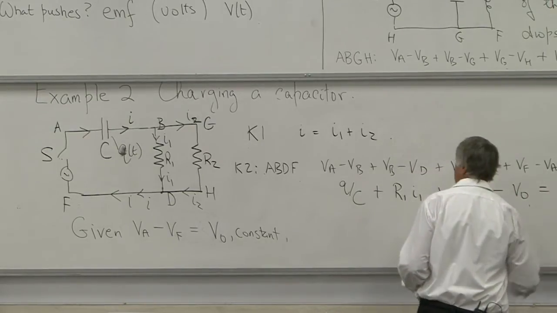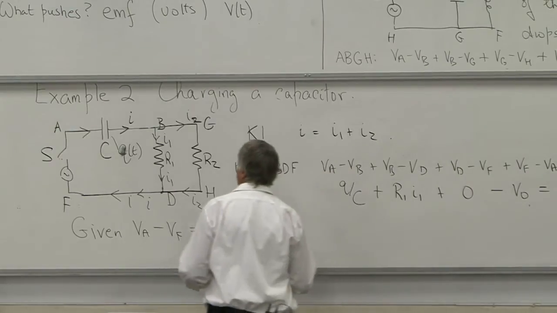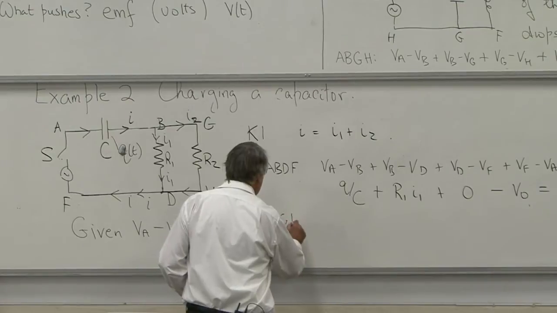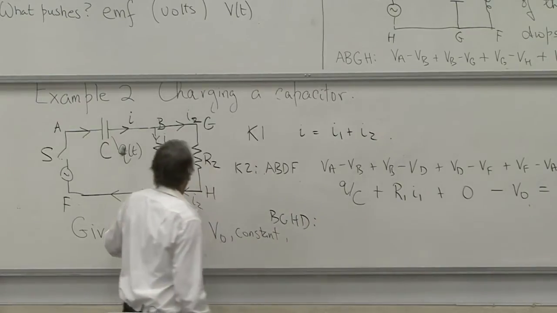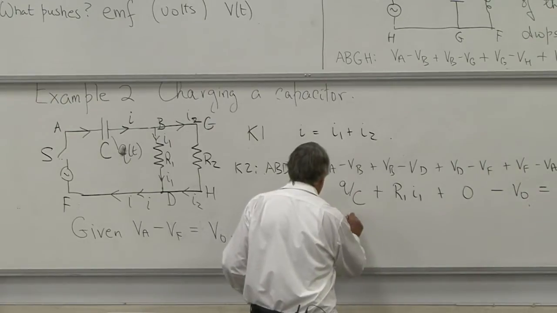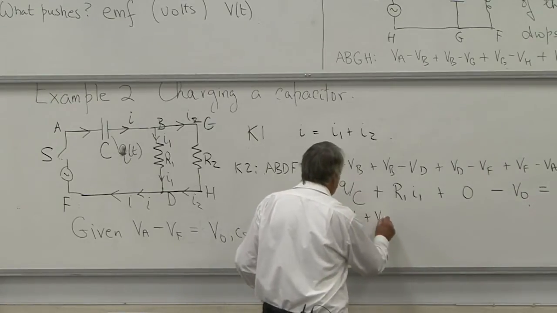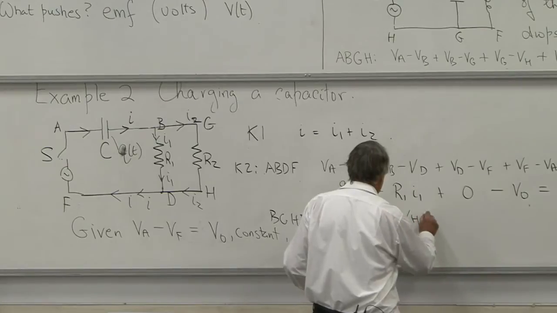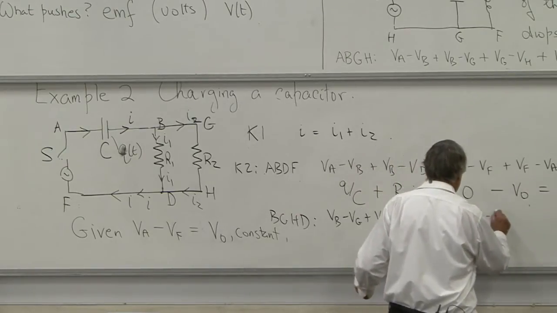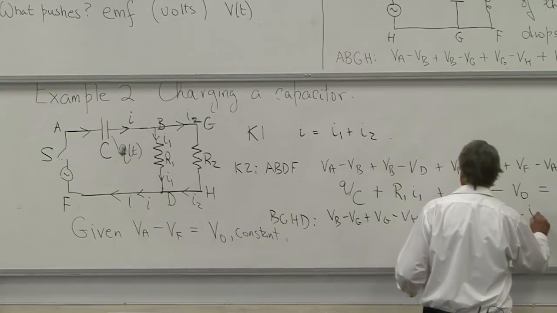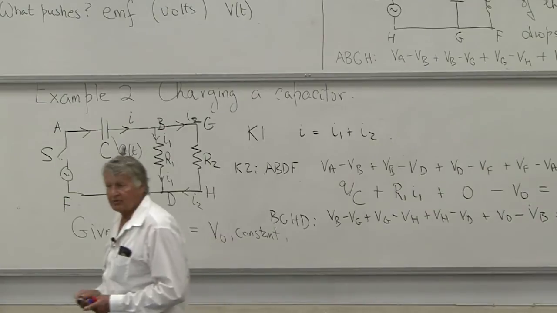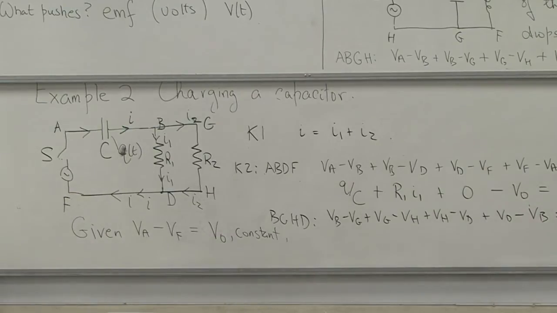Okay, that's that circuit. Let's try another one: BGHD. So VB minus VG plus VG minus VH plus VH minus VD plus VD minus VB equals 0. The voltage drops around any closed circuit are 0.